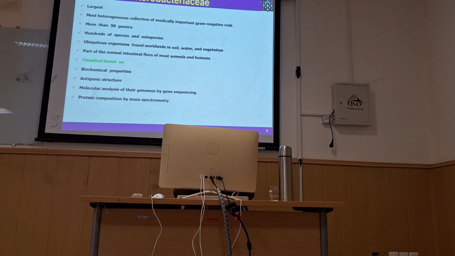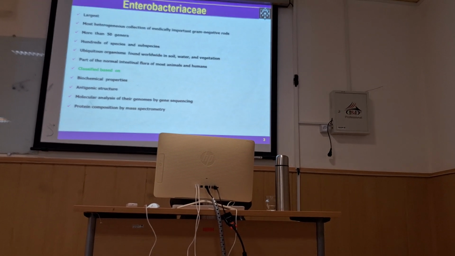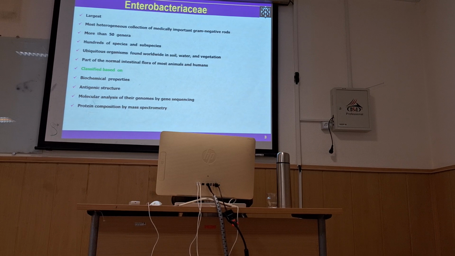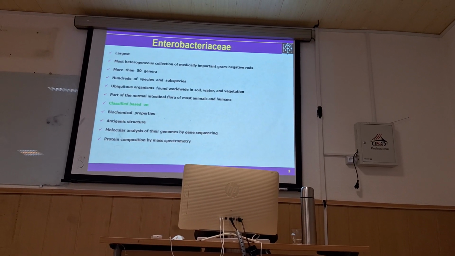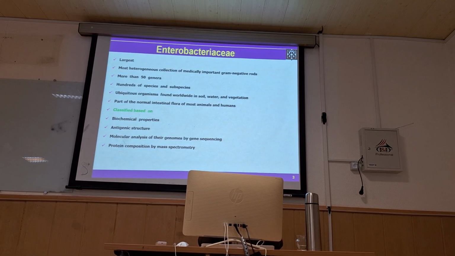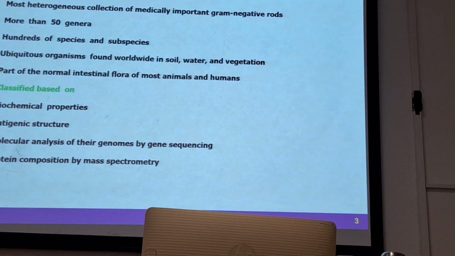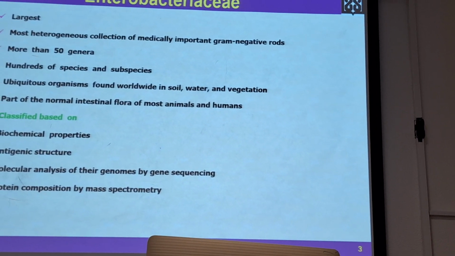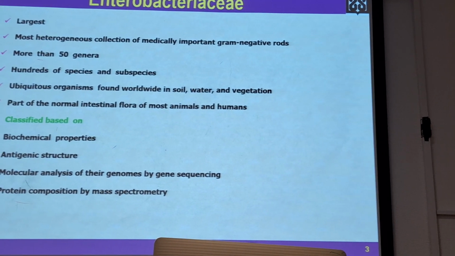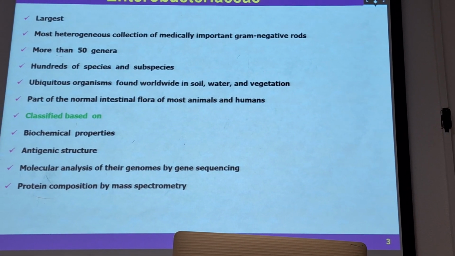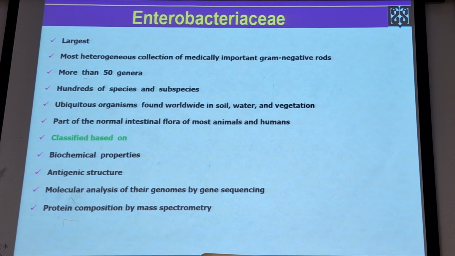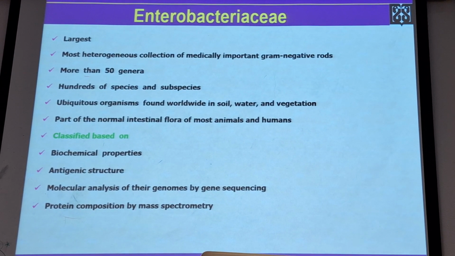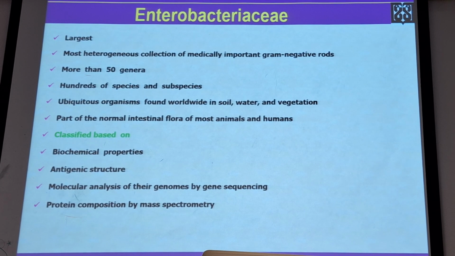Responsible for human disease. The Enterobacteriaceae are the largest, most heterogeneous collection of medically important gram-negative rods, or bacilli. Currently, more than 50 genera and hundreds of subspecies and species have been identified.